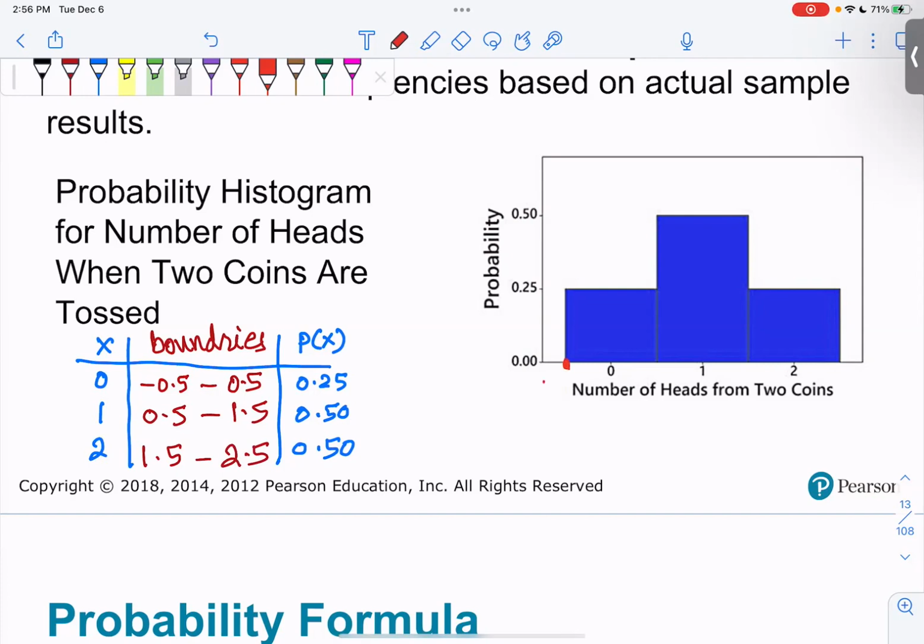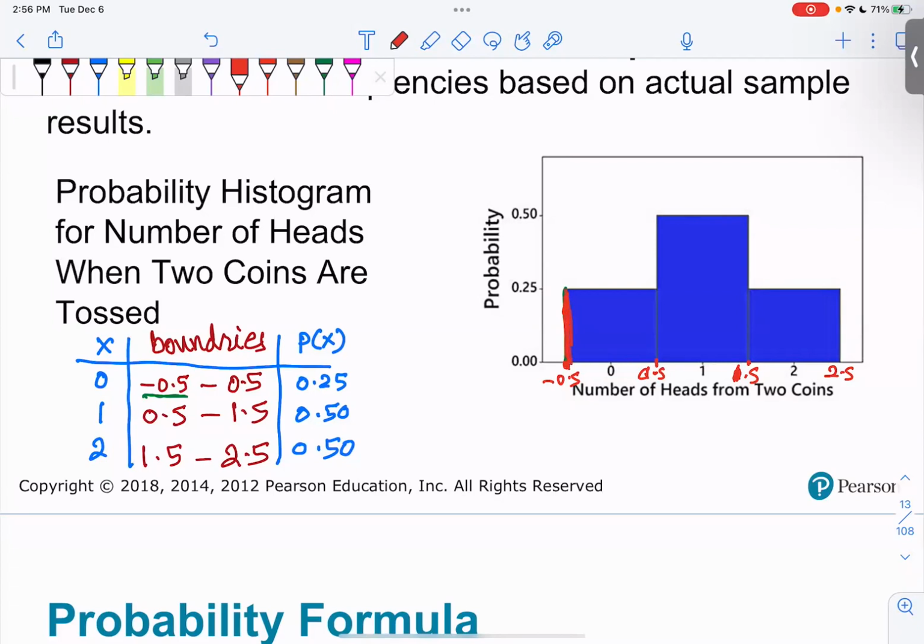So this is negative 0.5, this is 0.5, this is 1.5, and this is 2.5. Okay, so now let me do it in red maybe.